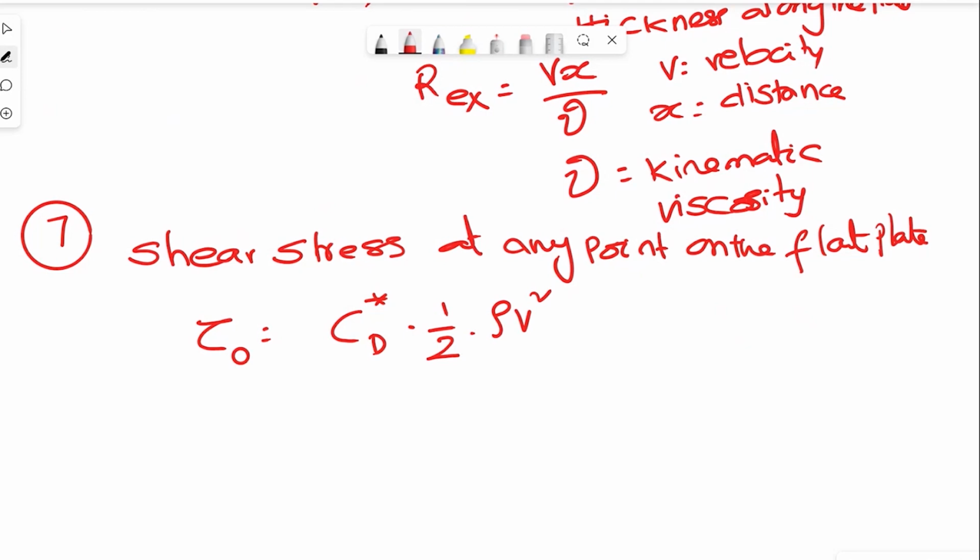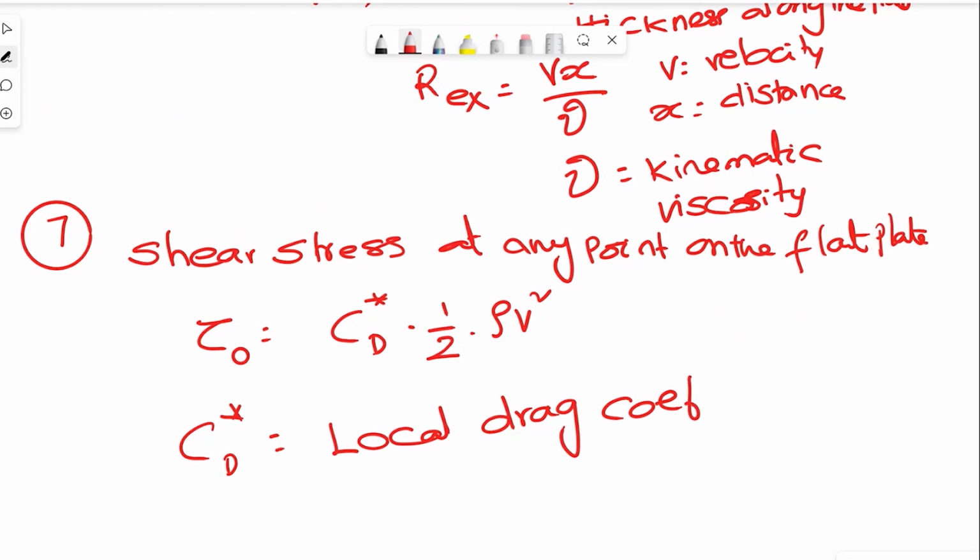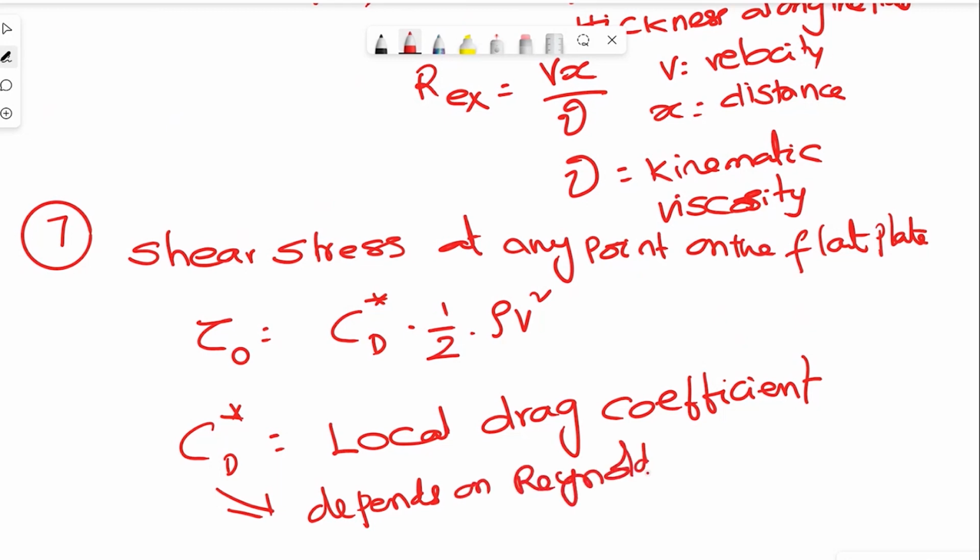This is the expression where CD star is equal to the local drag coefficient. It is only at a particular point we are talking about. And this depends on the Reynolds number at that point.